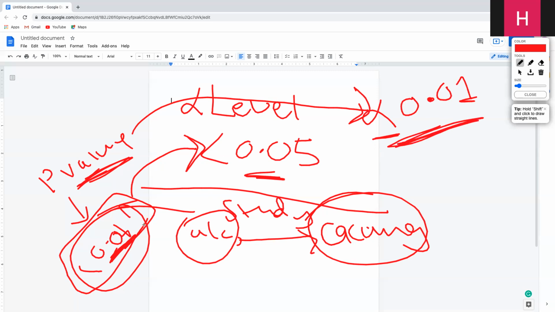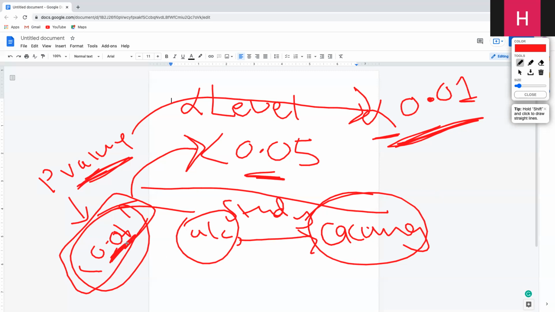So same result. If it is 0.04, I will say that it is statistically significant because it is less than 0.05. But if in the question they told me that the investigator set the alpha significance level at 0.01, this means this one is not statistically significant, because 0.04 is more than 0.01. Because in my study, I wanted to accept only 1% that my association was due to chance alone.